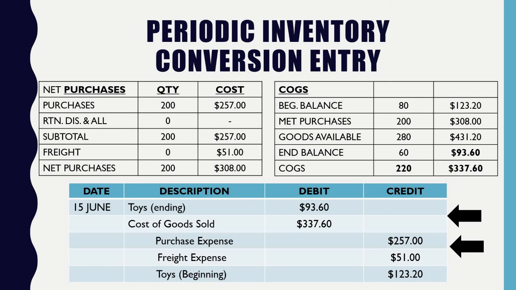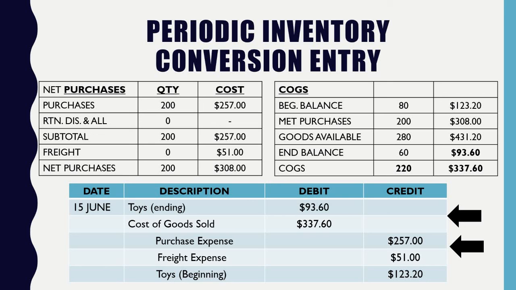In our previous first one, we recorded that we have a debit balance in our inventory item, which is the toys. Now that we got rid of those toys, we need to credit it because we're decreasing the amount of inventory that we actually have. And in this case, that's exactly what it says here.